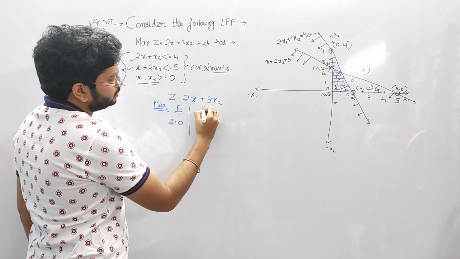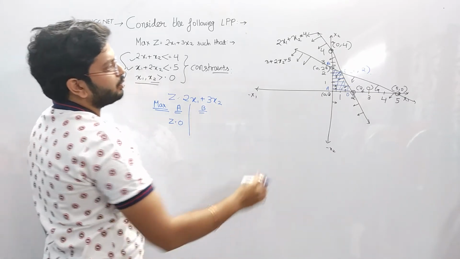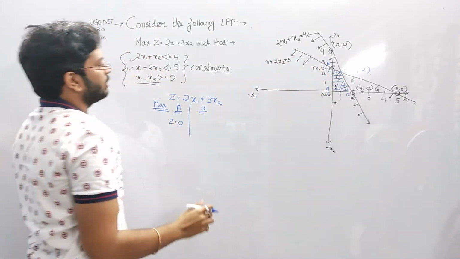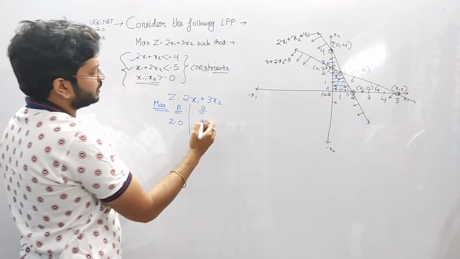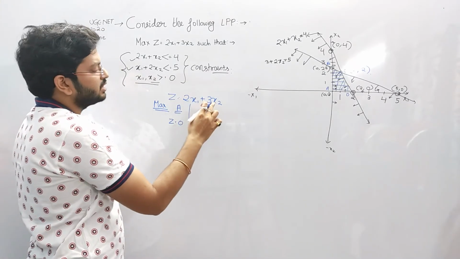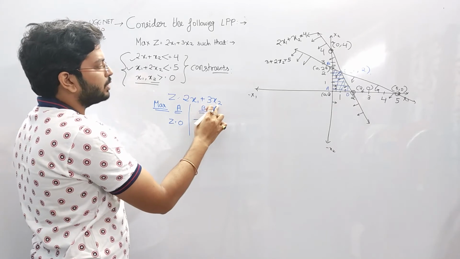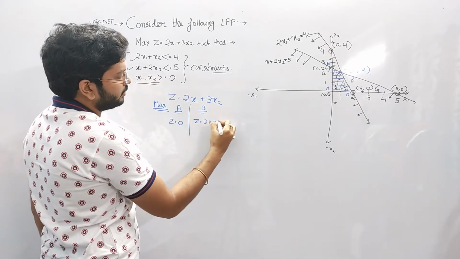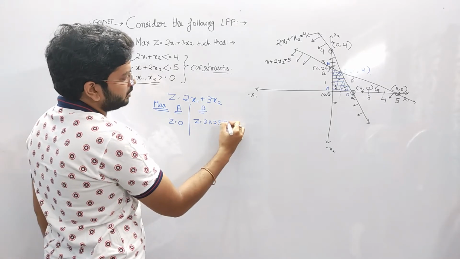Now I am using point B. In point B I have x1 equal to 0 and x2 equal to 2.5. If I put this in the equation, x1 is 0 so this part vanishes, and x2 is 2.5, multiplied by 3, I get 3 into 2.5, which is equal to 7.5.